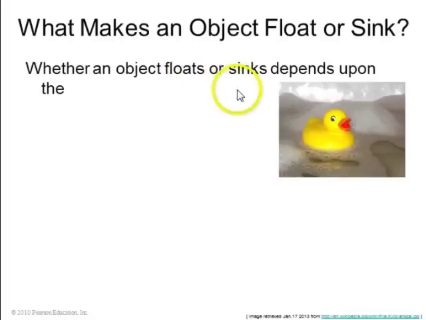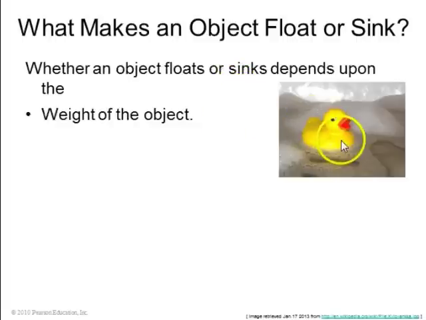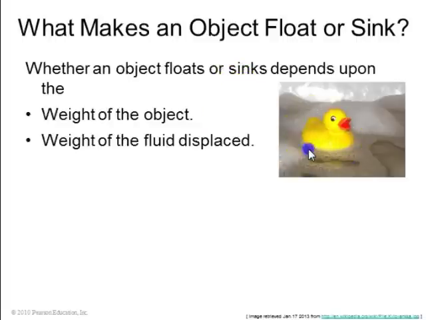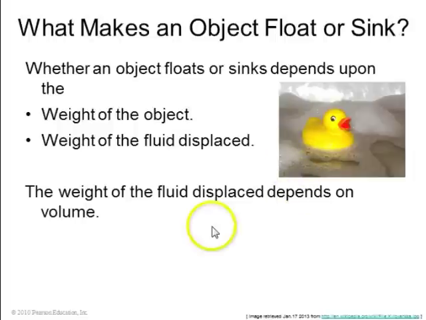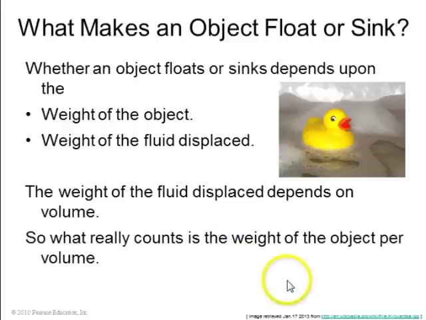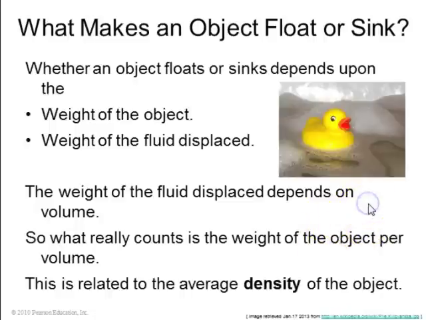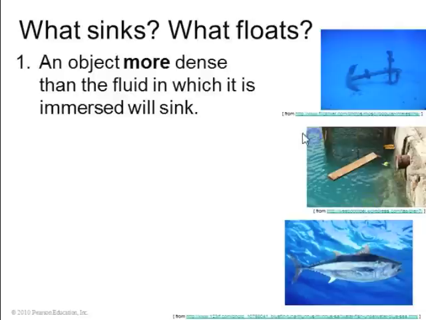So what makes an object float or sink? It depends on the weight of the object and the weight of the fluid displaced. And the weight of the fluid displaced depends on the volume of the object. So what really counts here is the weight of the object per volume. And that, as we remember, is density. So the rules are 1, 2, 3.